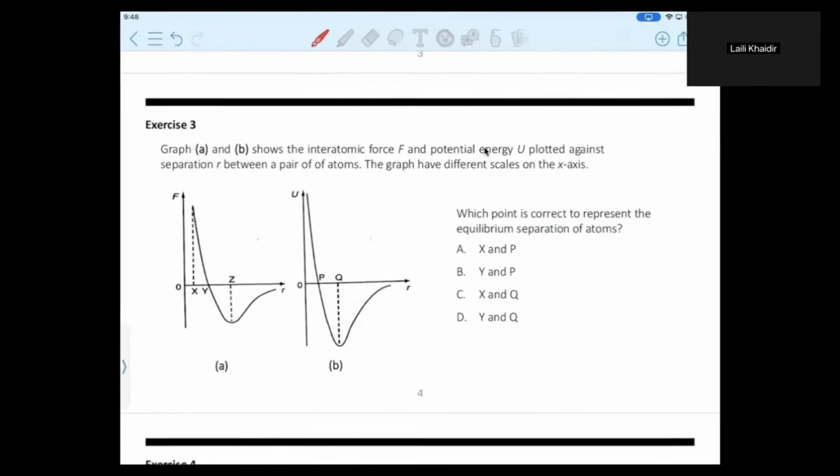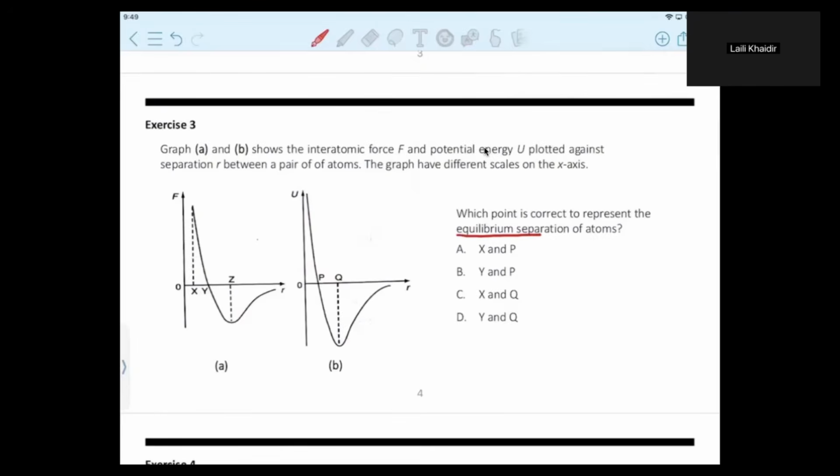Question number 3. We have graph A and graph B showing the interatomic force F and potential energy U plotted against separation R between a pair of atoms. The graphs have different scales on the x-axis. Which point correctly represents the equilibrium separation of atoms? So we look at graph A. It is force versus separation of atoms.